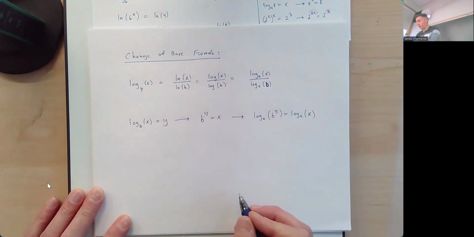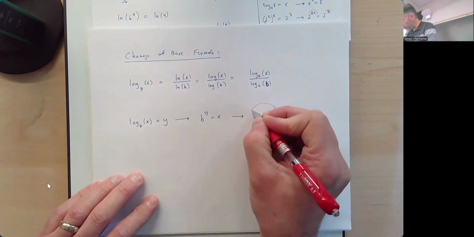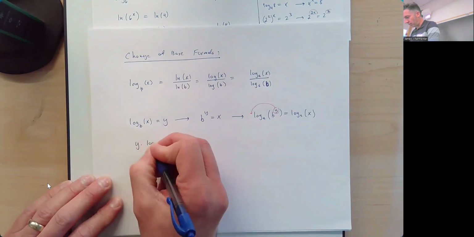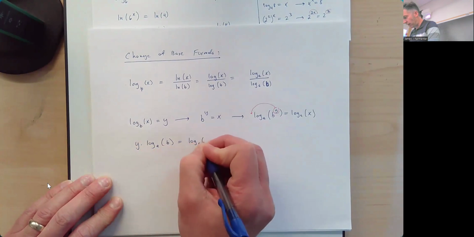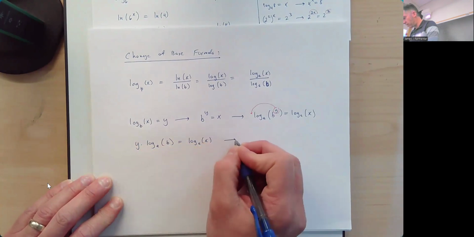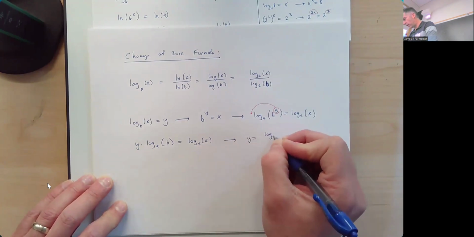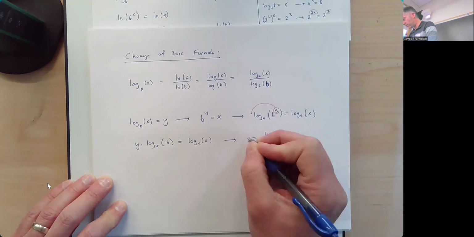Use the power rule, bring down the y. And then we have y times log base a of b equal to log base a of x. And finally, divide both sides by log base a of b to get log base a of x divided by log base a of b.